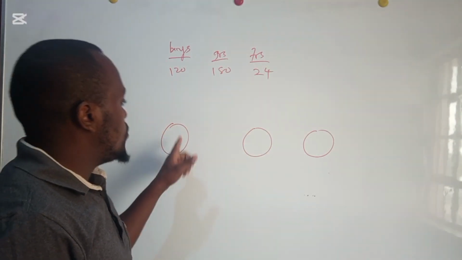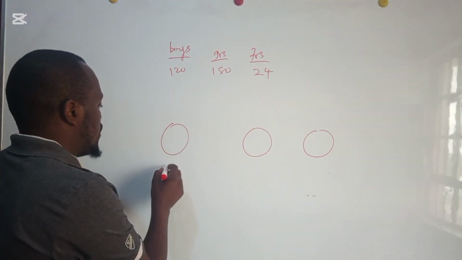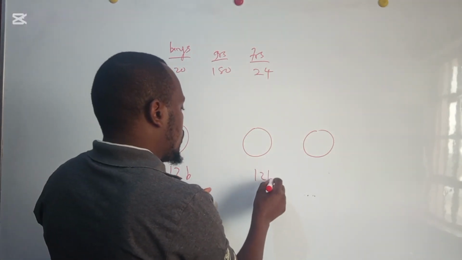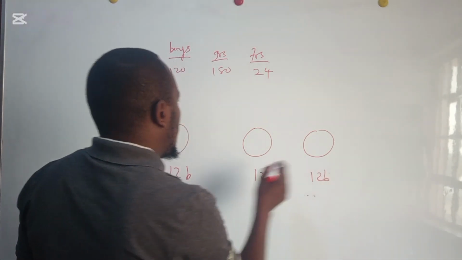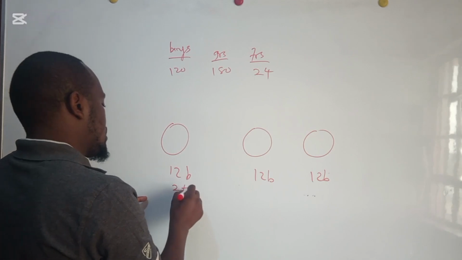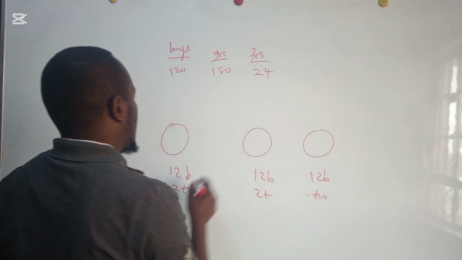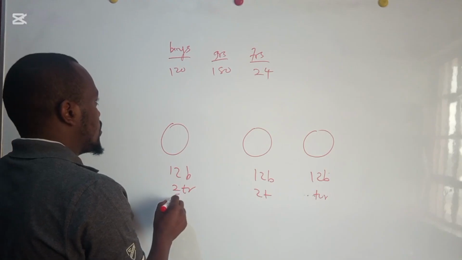There is an equal number of boys. Suppose you have 12 boys here, you must have 12 boys in each group. You can have 2 teachers in each group. You can also have 5.